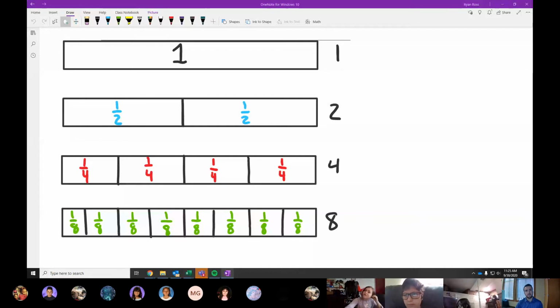What is that pattern, Sarah? How do we get from 1 to 2? By counting. Okay, by counting. Do you see any patterns there?